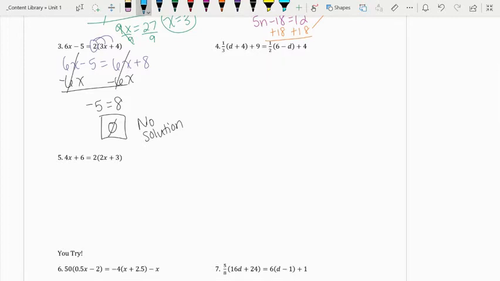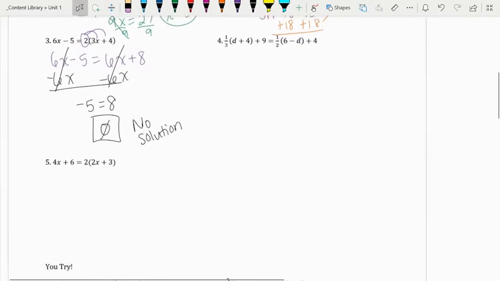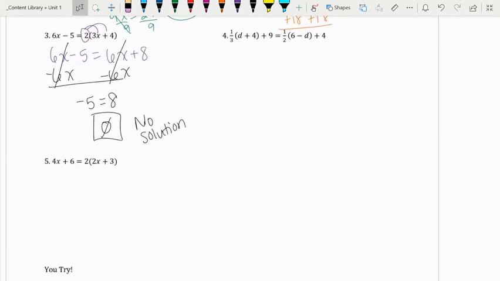Looking at number 4, this one has more than one fraction. So we have 1/3 and 1/2. What I'm going to do is multiply by a number that gets rid of both the 3 and the 2. So I'm going to multiply by 6. When I multiply 6 times 1/3, it really is 6 divided by 3, which is 2.